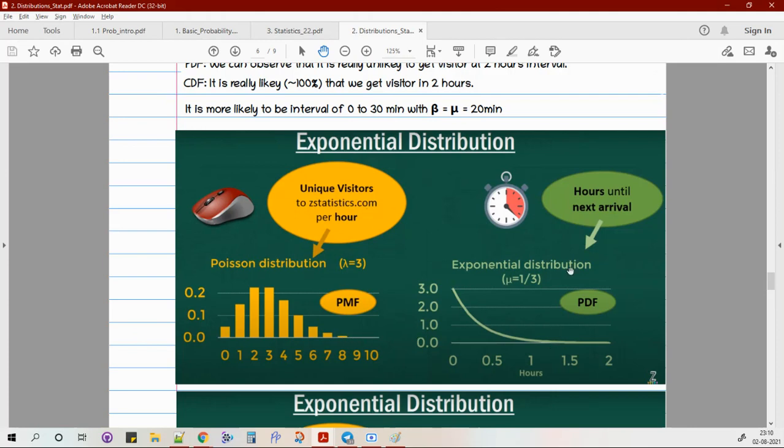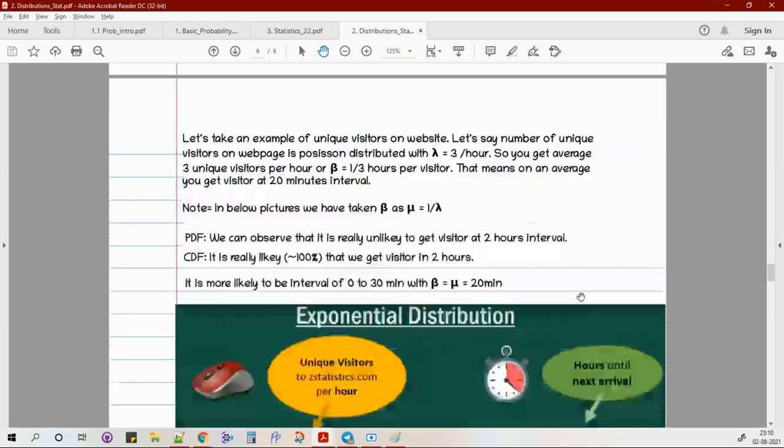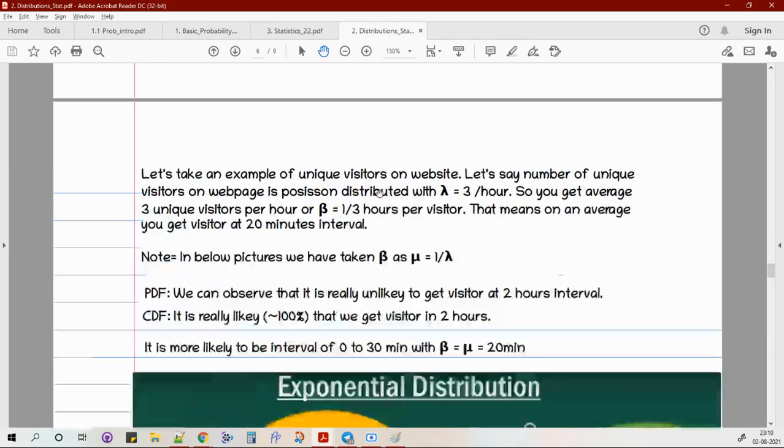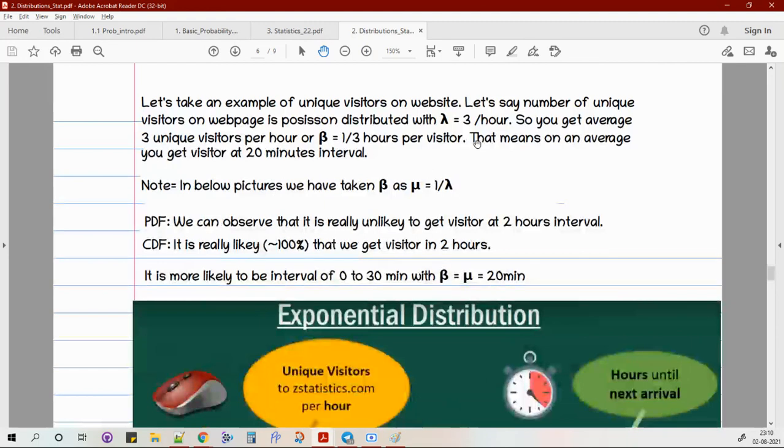And what's the meaning of exponential distribution in this case? This is nothing but how many hours until the next arrival. If I take the inverse, how can we imagine beta in this case? What's the meaning of three unique visitors per hour?